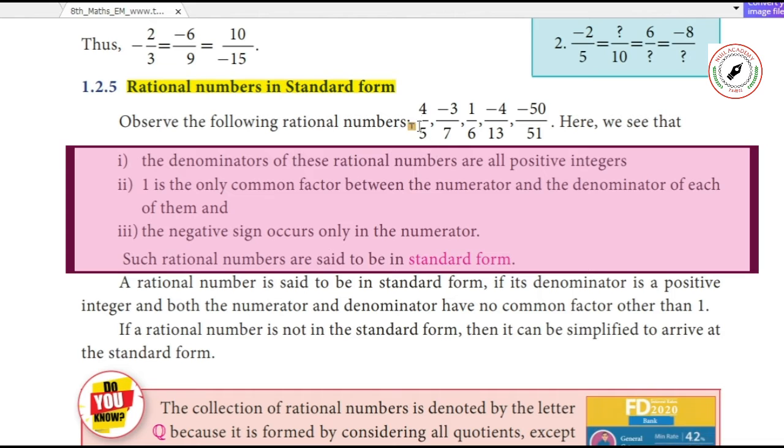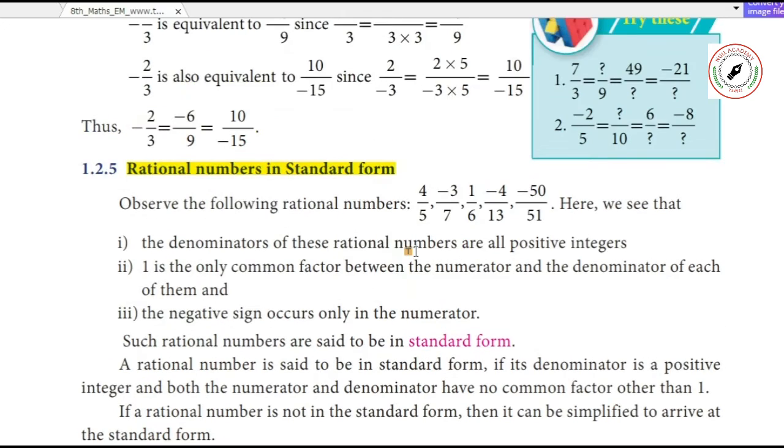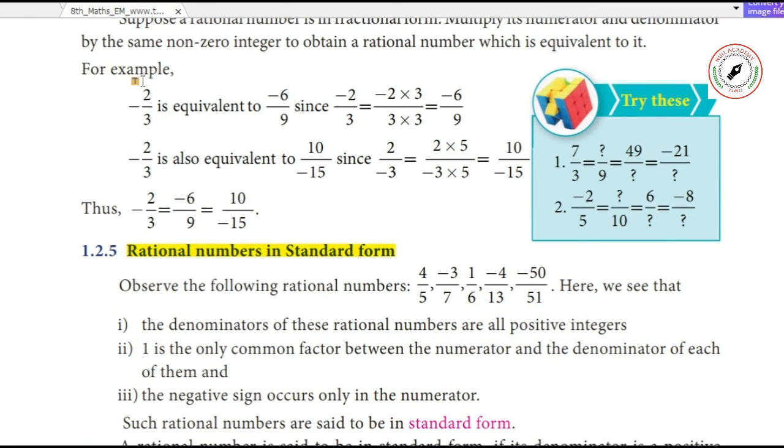See 4 by 5. Can you divide 4 by 5 further? You cannot. You just see this number, 2 by 3. Then 6 by 9. You can divide by 3, no? Yes. You can divide by 3 on both sides, upper and lower, that is numerator and denominator.